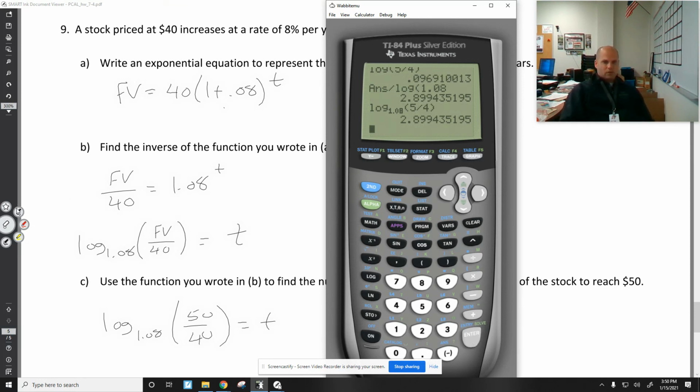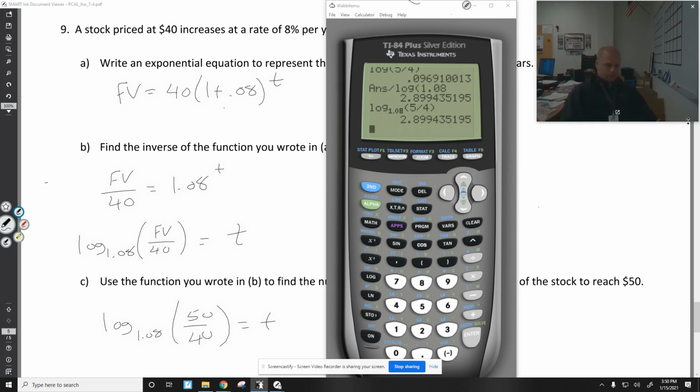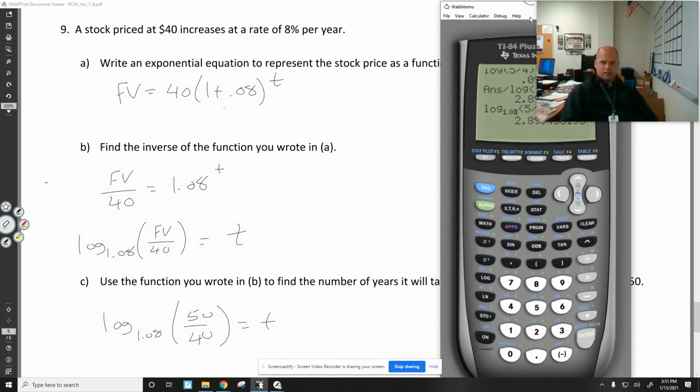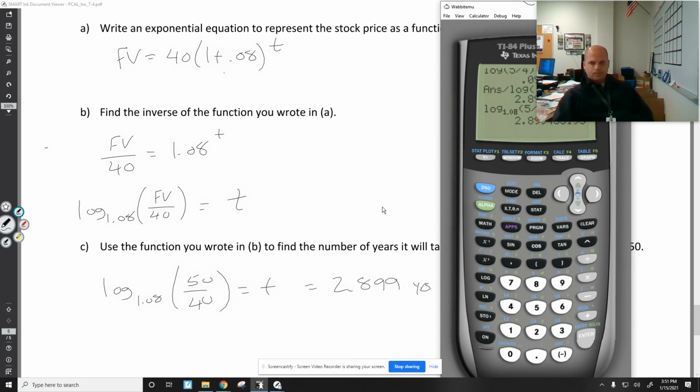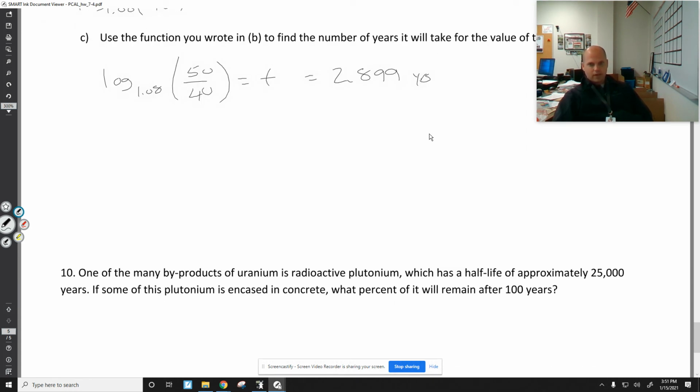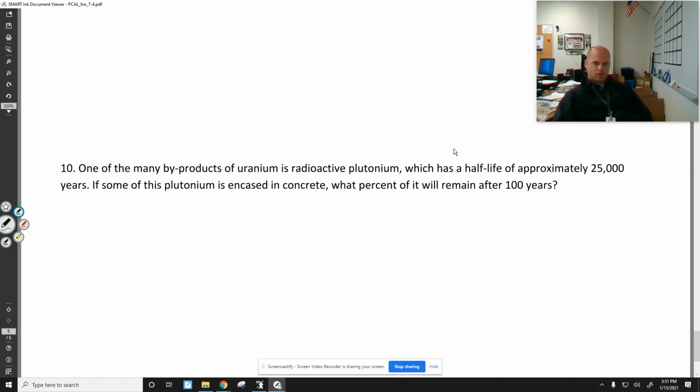Okay, so 2.899 years. And what's that increase? 25%. It only takes 2.899 years, and you get 25% richer.